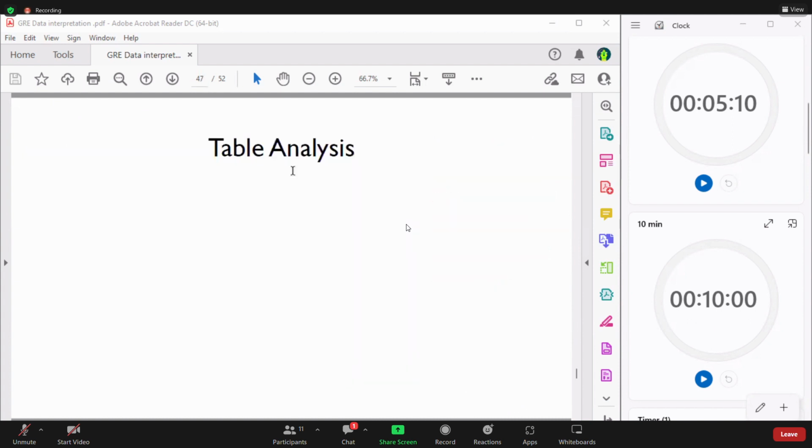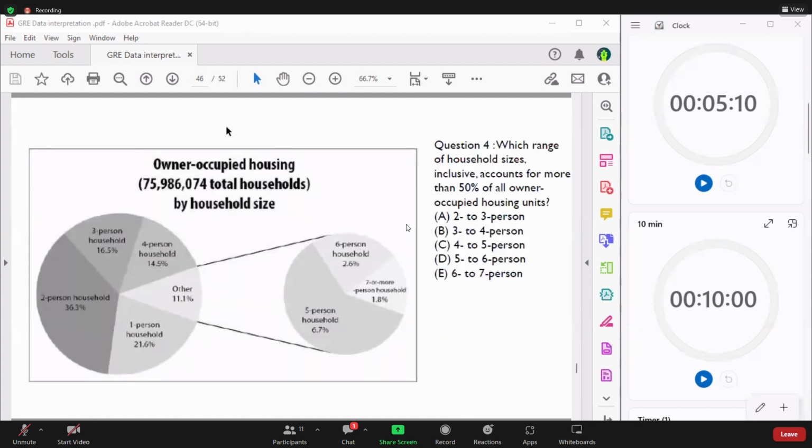Then what do we have? Which range of household sizes, inclusive, accounts for more than 50% of all owner-occupied housing units? Basically 2 plus 3 is how much? 52. There is C. These are the greatest 2 numbers, so if you add them the total will be more than 50.